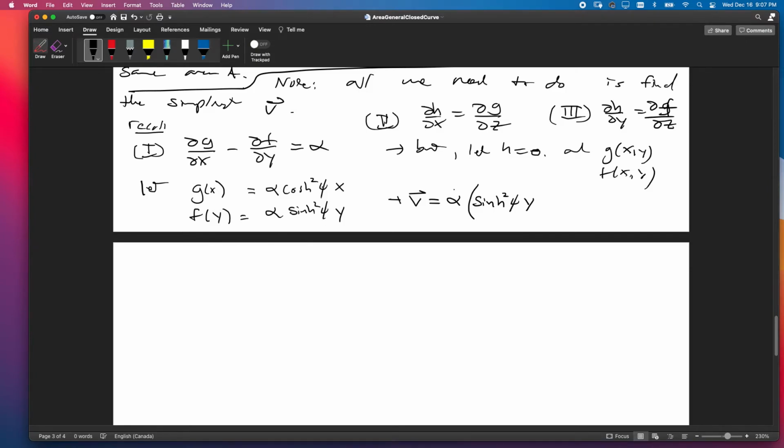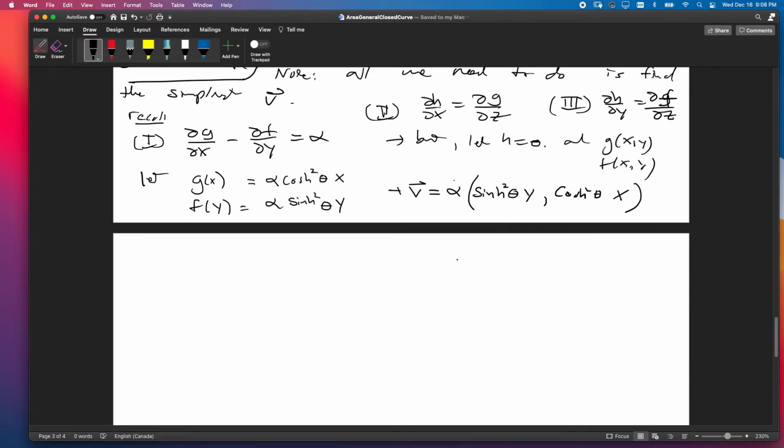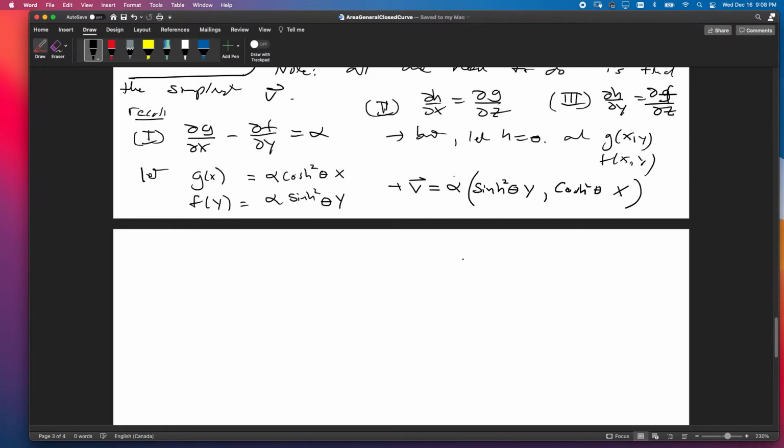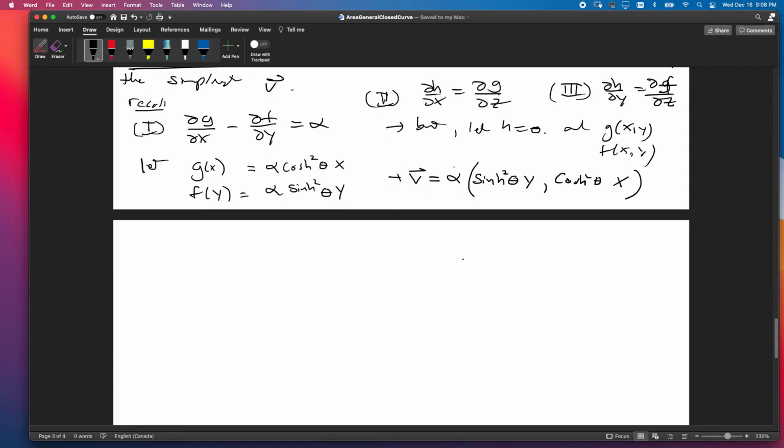Oh, I should probably change notation. Call it theta, I guess. Okay. All right.